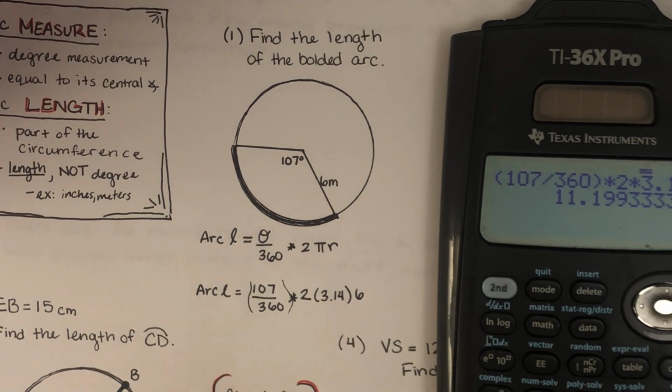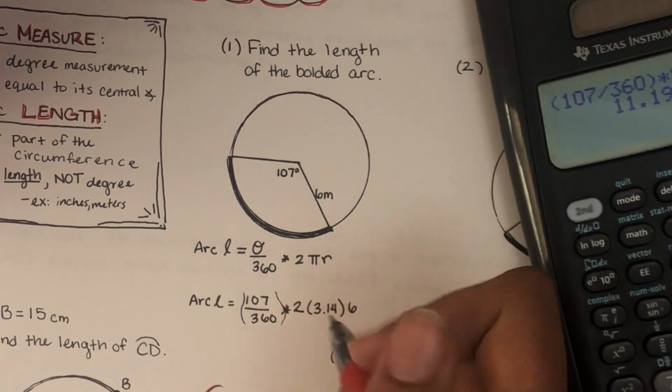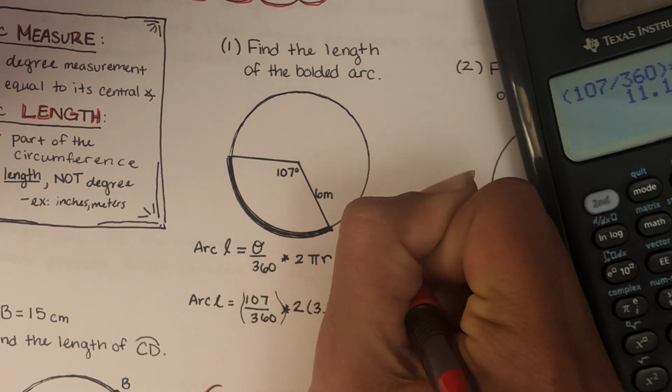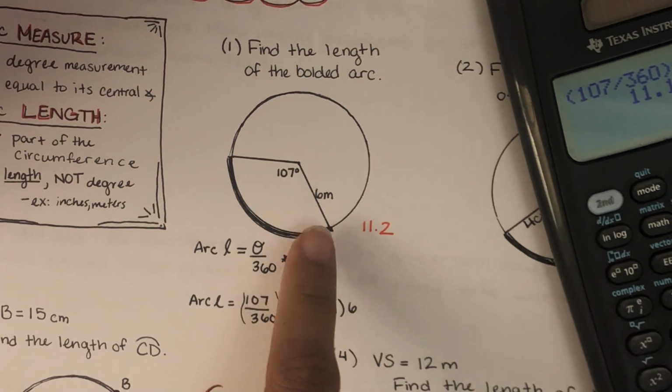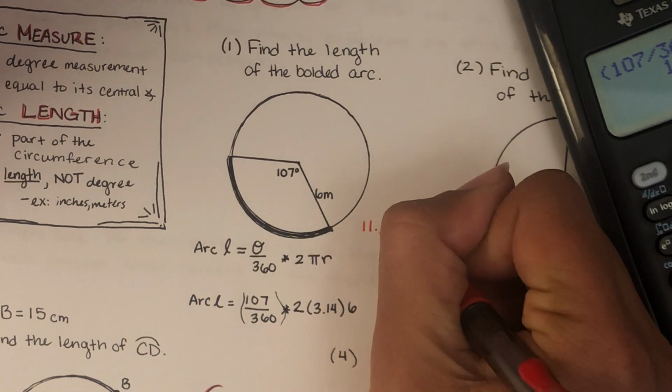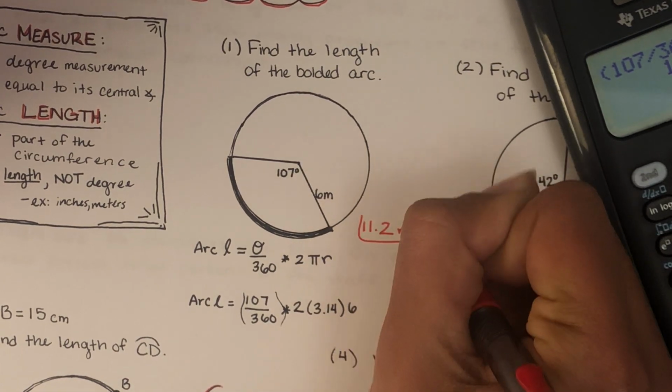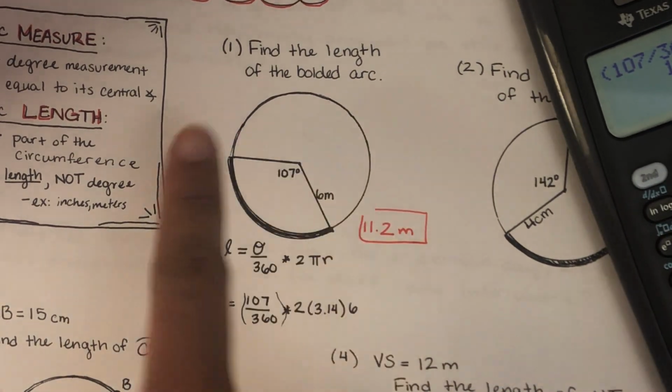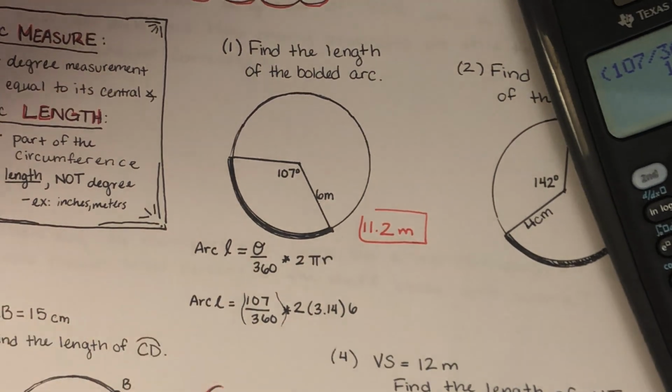Let's round this to 11.2. And what is the unit? Meters. Not degrees. It's going to be a unit of length.